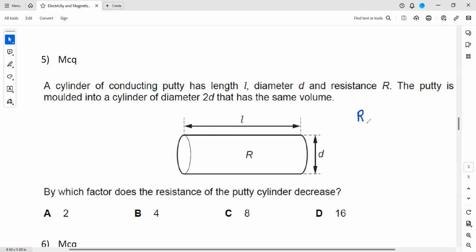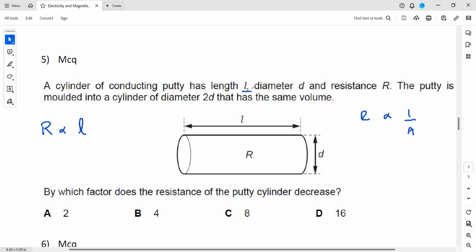You can use R1 A1 over L1 equals R2 A2 over L2. This is one way of doing this question. Or you can also use your understanding of the relation between resistance and length. Resistance is directly proportional to length, and resistance is inversely proportional to cross-sectional area.